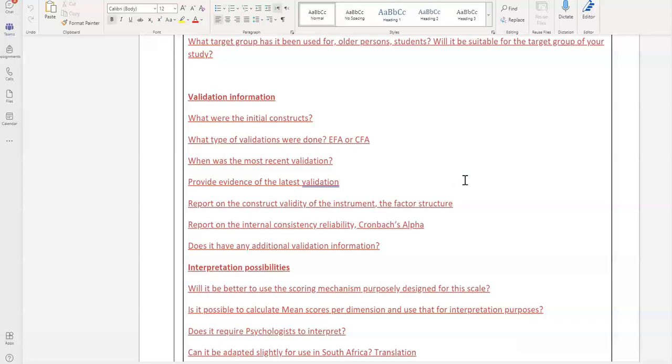Sometimes an instrument changes. Changes are made by the researchers when they find that some items are not stable and do not work very well. So they remove them, they put in new formulations. So you have to decide whether you want to go with the original scale or whether you want to use the adapted version.